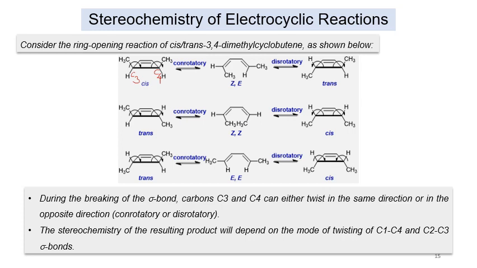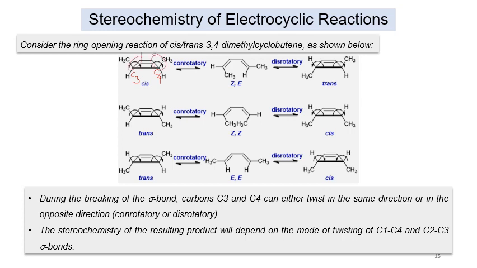Now the stereochemistry of the product will depend on the mode of twisting of the C1-C4 and C2-C3 sigma bonds. That means these particular bonds.